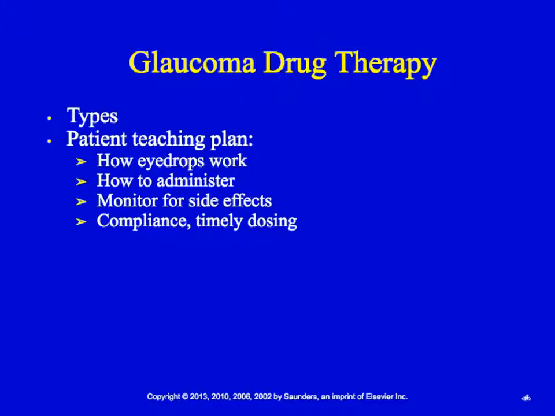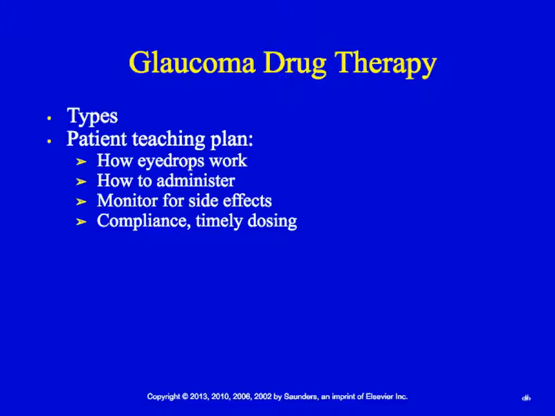And you also need to teach a patient with glaucoma about the late manifestations of glaucoma. So make sure they report any signs and symptoms of any severe optic nerve damage, such as seeing halos around lights. Losing peripheral vision is a real important part that they need to report very soon.